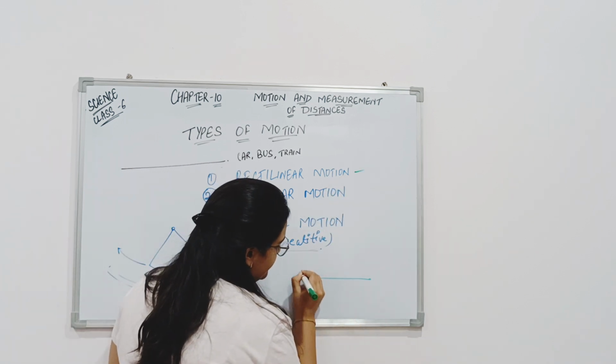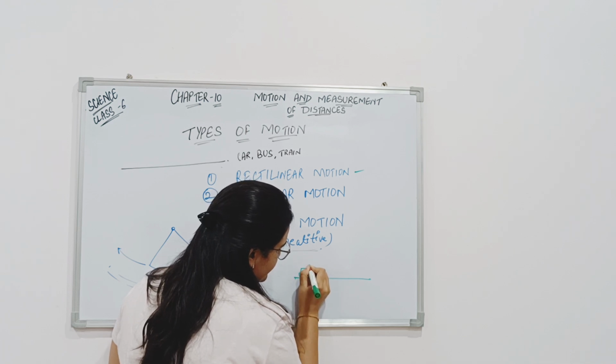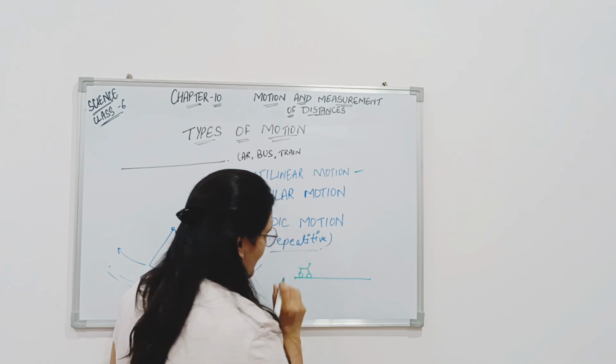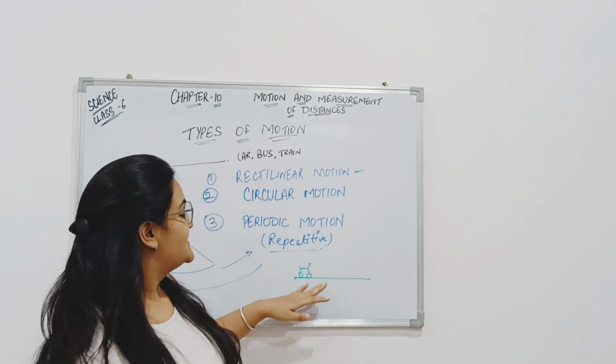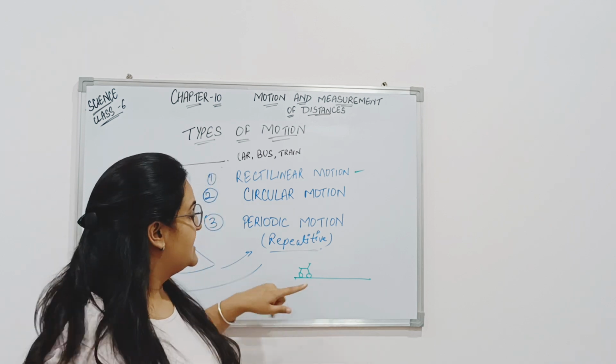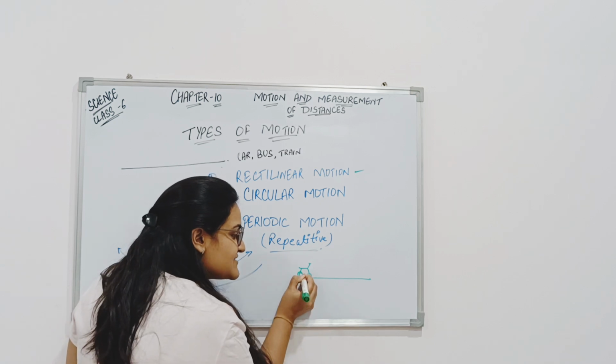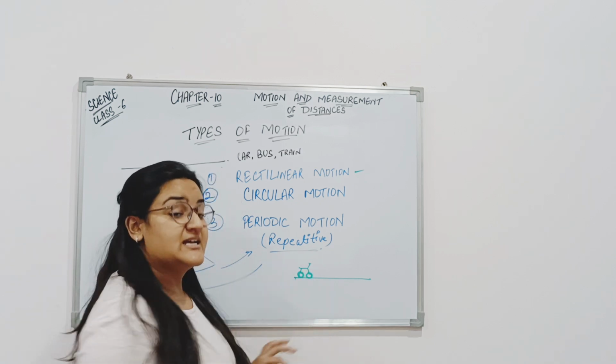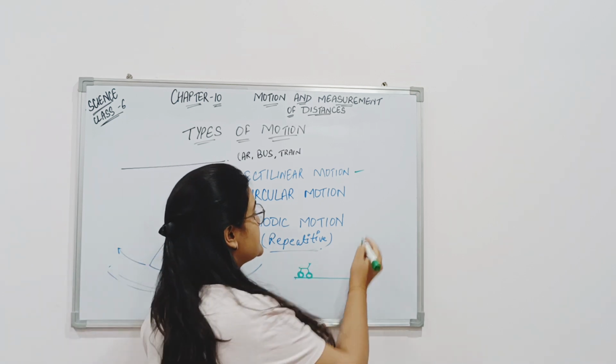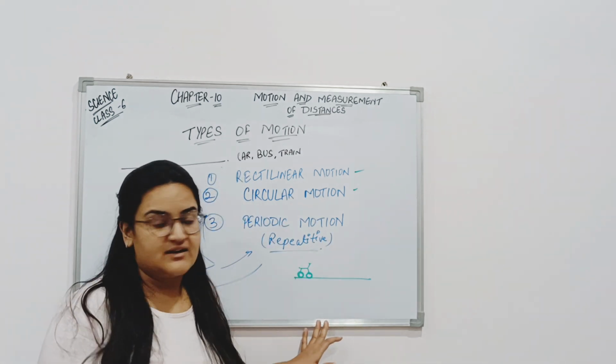This is the bike. The movement on the road is rectilinear motion. And the movement of its wheels is circular motion. So this is the second one covered, right?